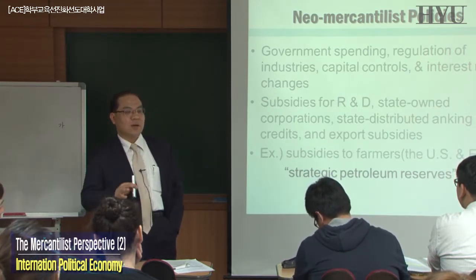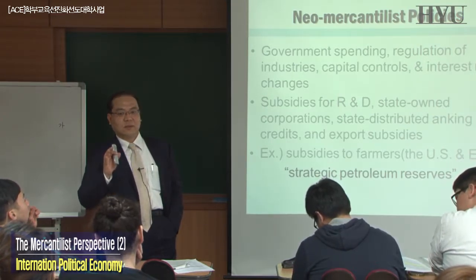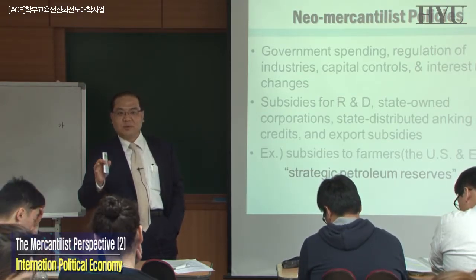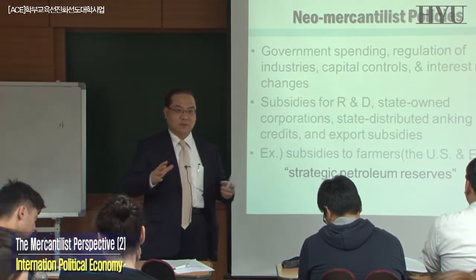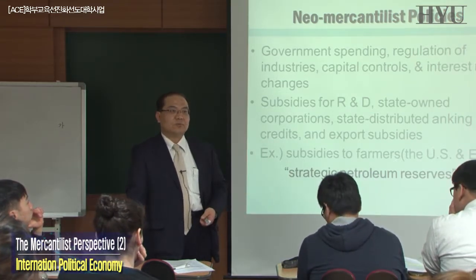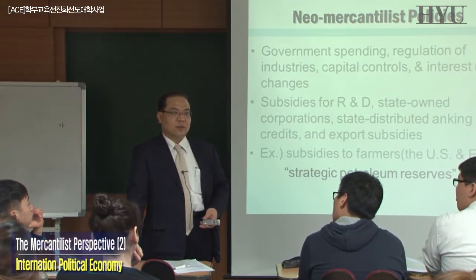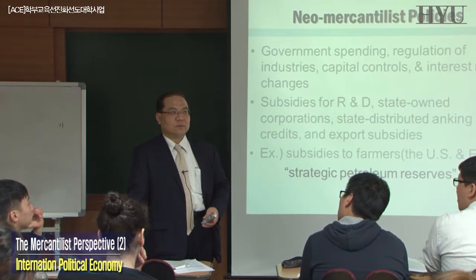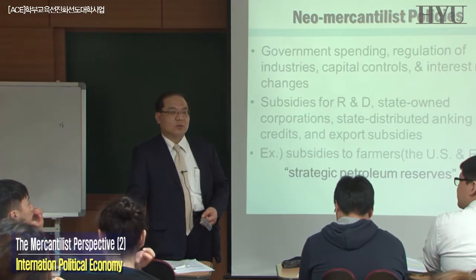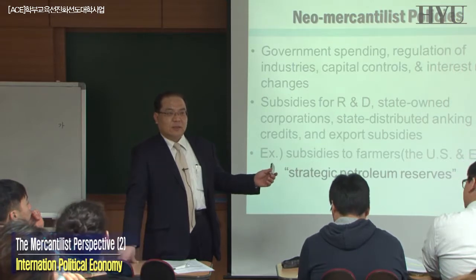SPR is a policy where the government makes sure that when oil supply disruptions break out, the government has huge volumes of oil ready for rainy days. That's SPR. 900 million barrels, which is the equivalent of how many days? 90 days of supply. And this is for American policy.